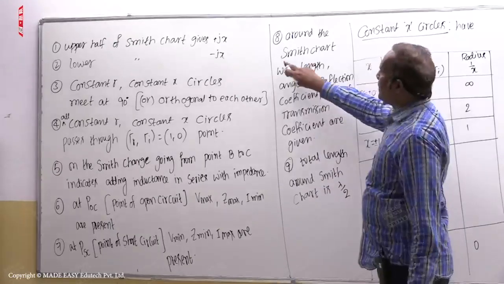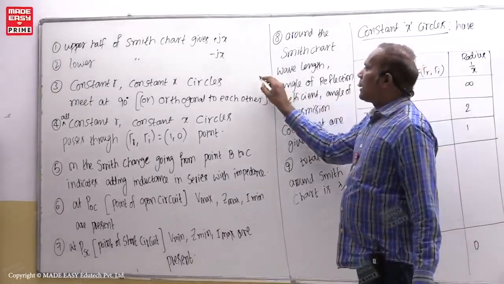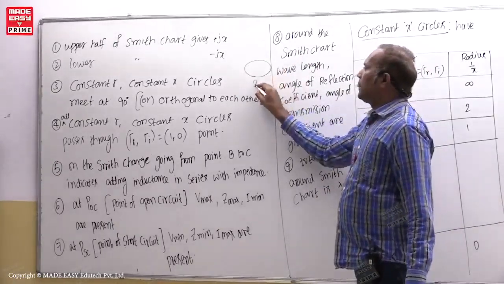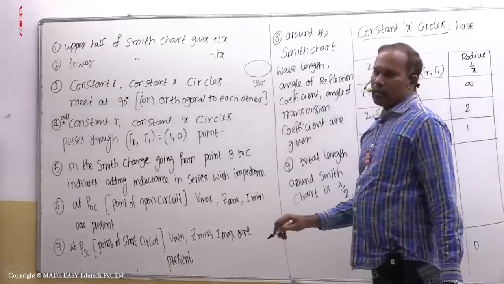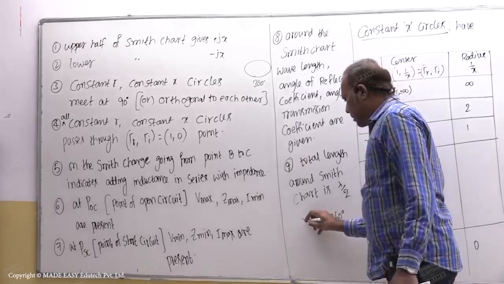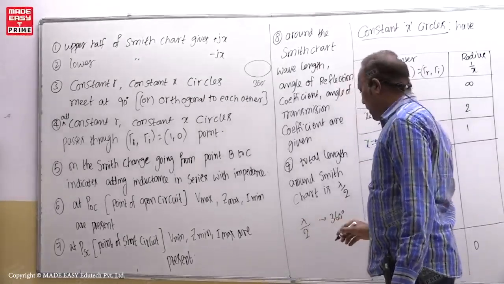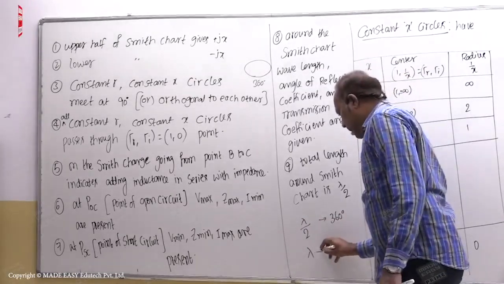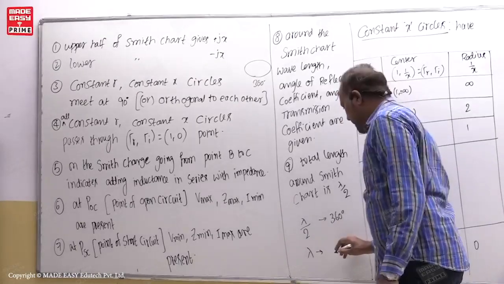So if you draw a circle, student, for circle what is the total angle? 360 degrees, na? So angle is 360 degrees, but here in the Smith chart it is in terms of wavelengths, lambda by 2.